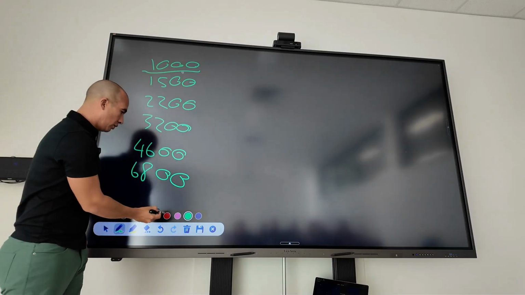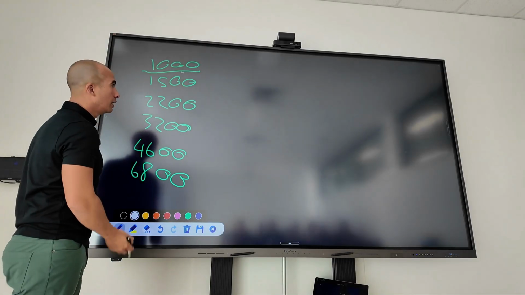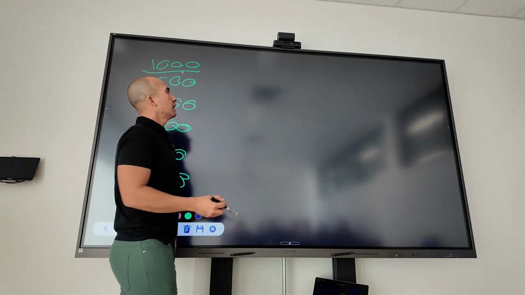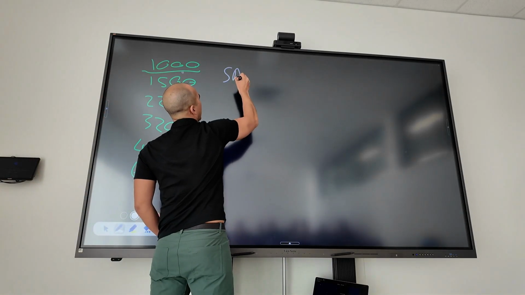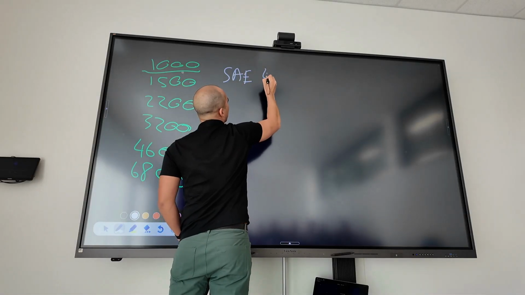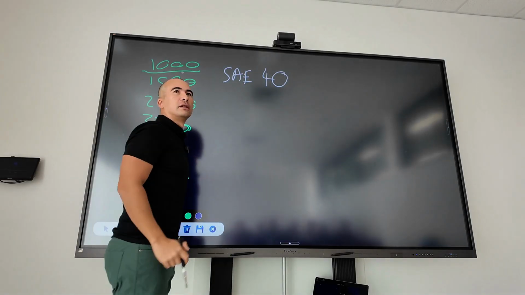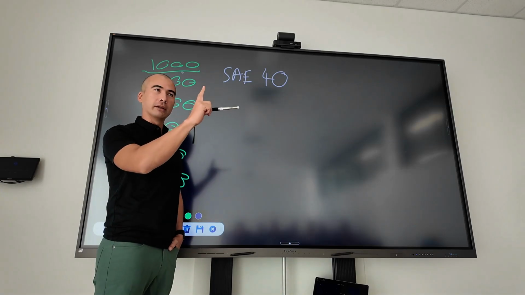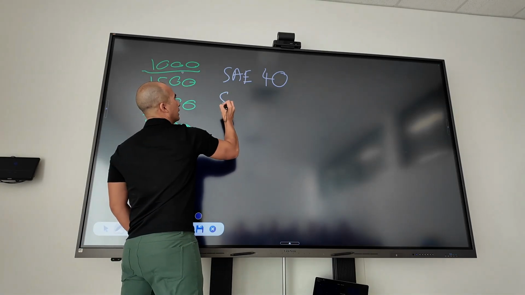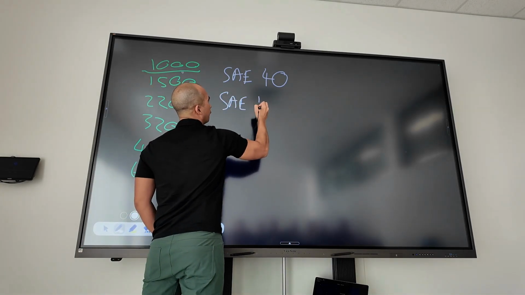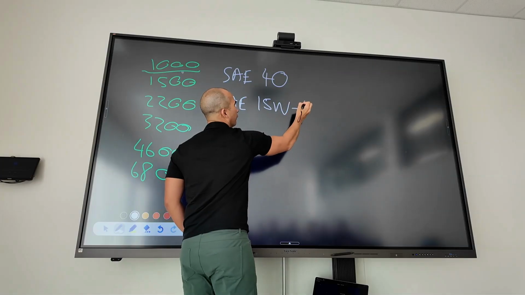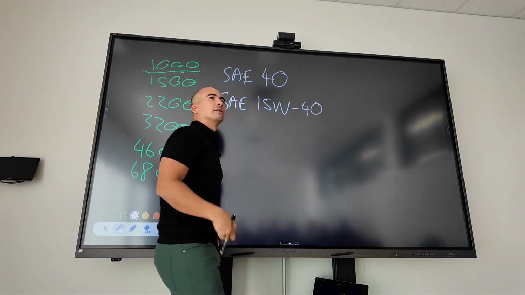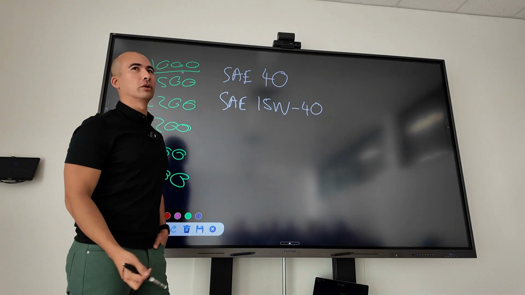Okay, for the engine oils, slightly different, right? If I have an SAE 40, that's called a mono-grade engine oil, single grade, right? If I have an SAE 15W40, that is a multi-grade engine oil, right?